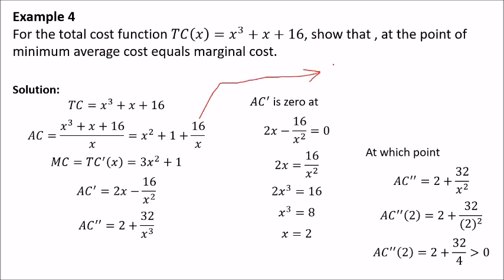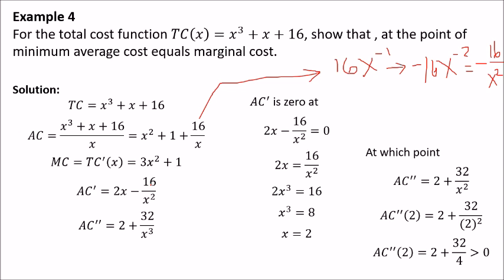Ito, magiging ano yan, 16x to the negative 1. So, pag kinomong derivative niyan, magiging negative. Negative 1 times 16 is negative 16. And then x to the negative 2. And then, simplify natin, magiging negative 16 na lang sa taas. Kasi mapupunta sa denominator yung x squared. Kaya naging ganyan. Derivative nito, 16 over x is negative 16 over x squared. So, I hope you remember that.